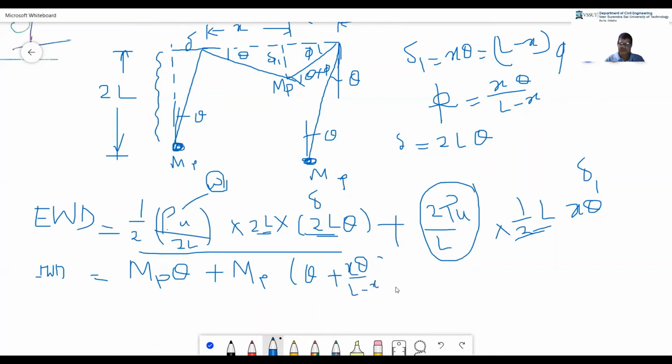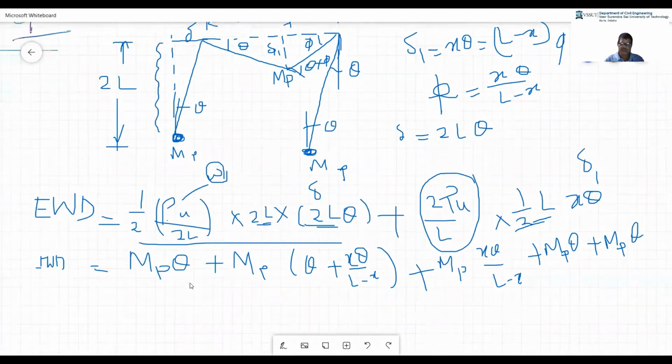Then plus MP into phi, which means x theta by L minus x, plus MP into theta plus MP into theta. So this becomes your equation.